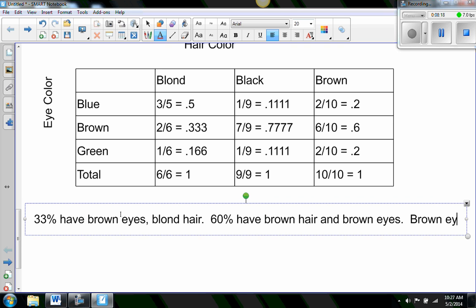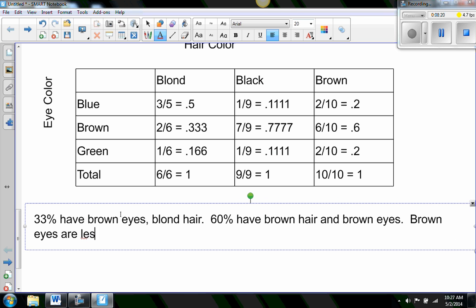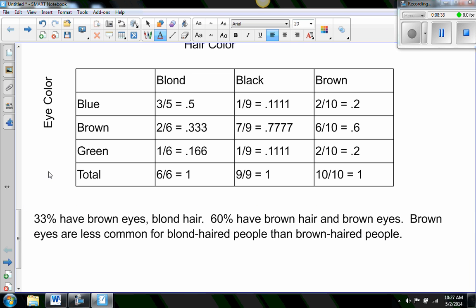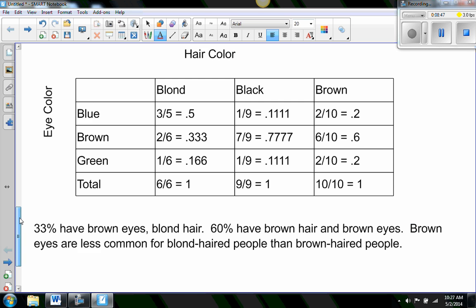So brown eyes are less common for blonde-haired people than brown-haired people. There's my explanation. I just proved it using these relative frequencies. Okay? So brown-haired people more often have brown eyes than do blonde-haired people.